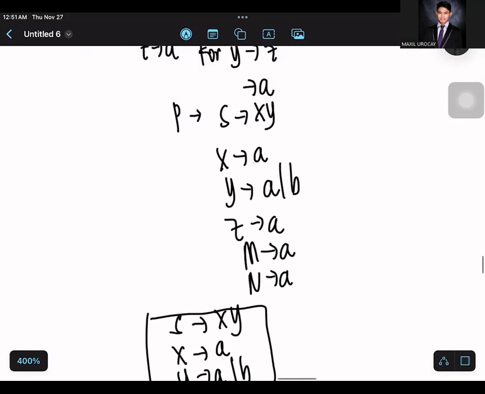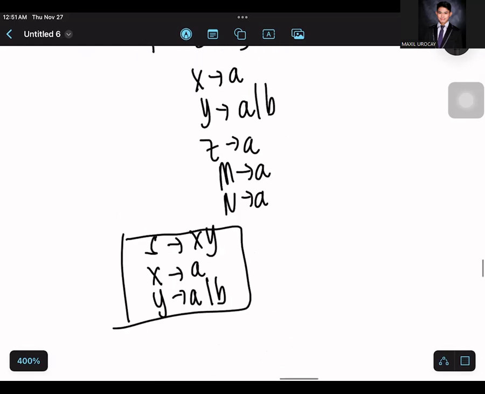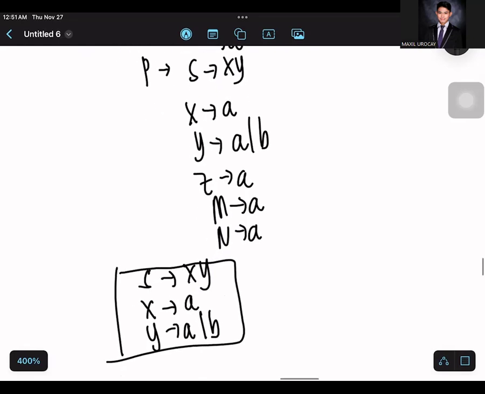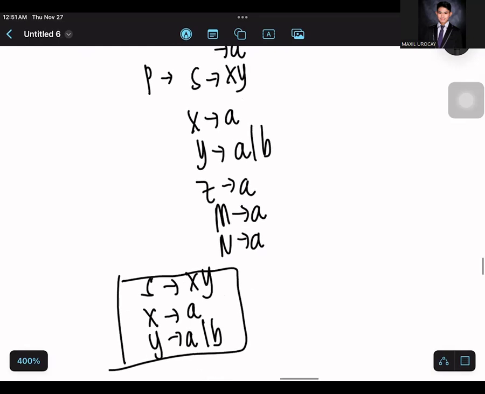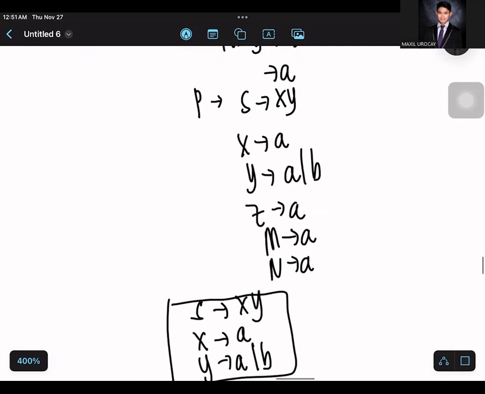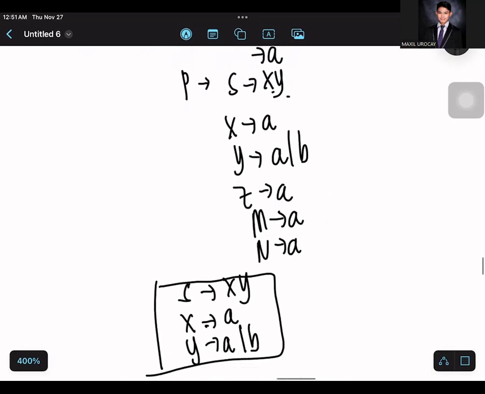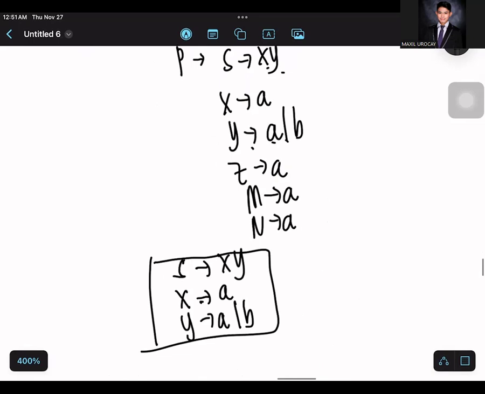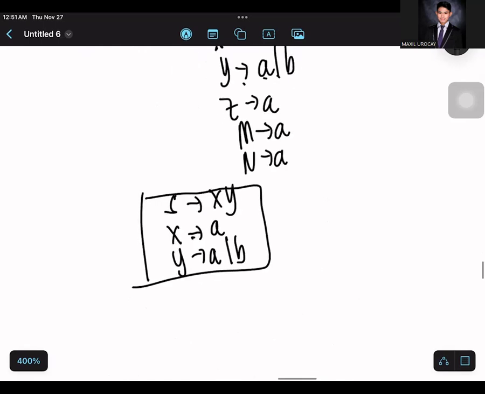Why? Because in your S, the only accessible will be X, and X is actually a, and Y is equal to a also, or b. That's how you will work on that. We cannot access Z, neither M, neither N.